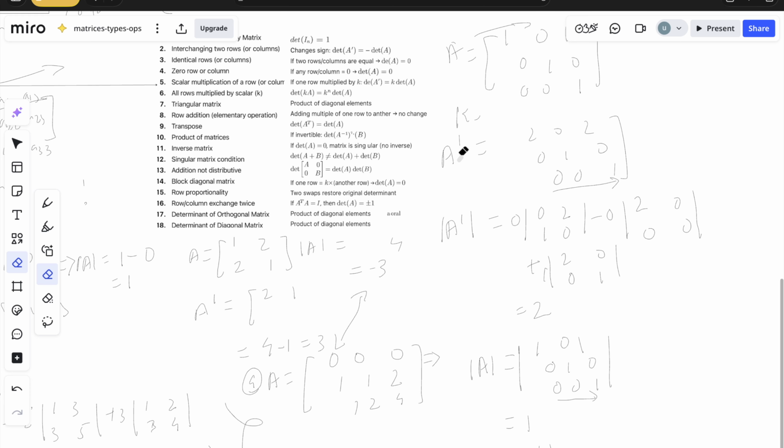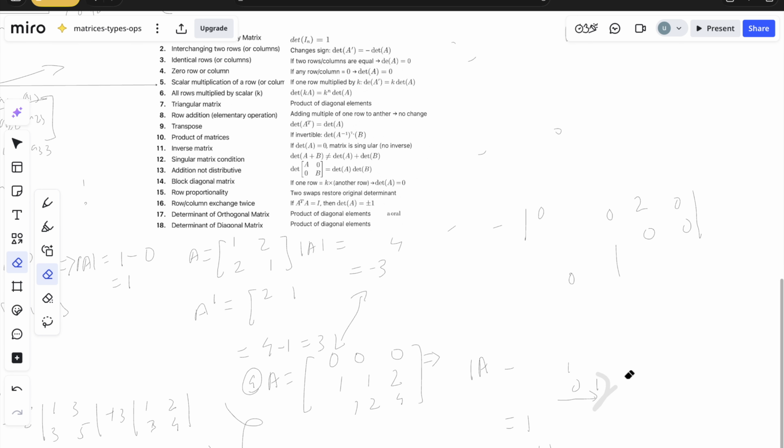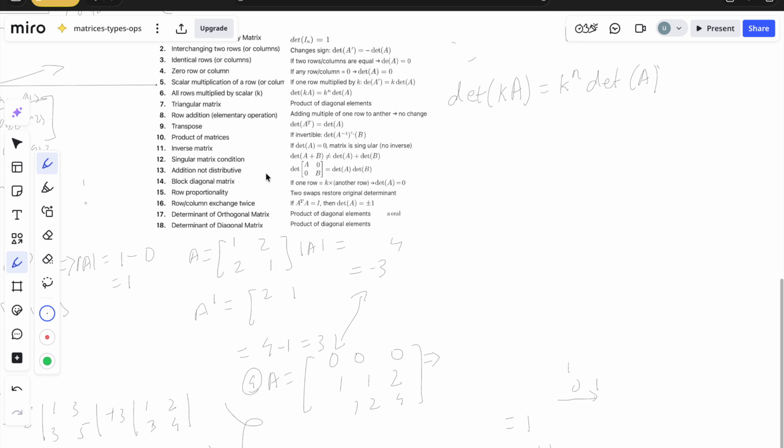So let's try and see property 6. Okay, so according to property 6, we have determinant kA is equal to k to the power of n determinant of A. Basically it says that if there is a matrix, let's say for example A is equal to 1 0 1, 0 1 0, 1 0 0, which is of order 3.